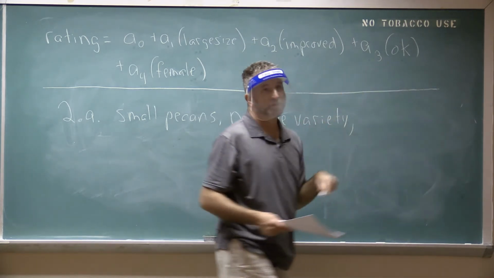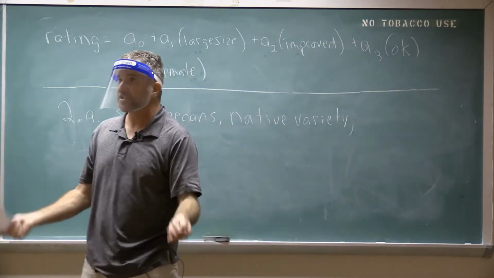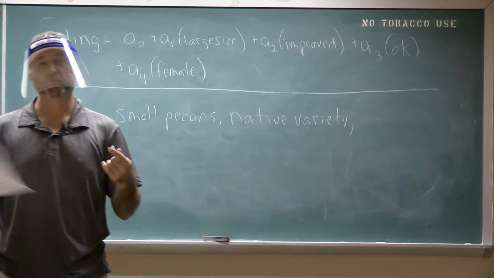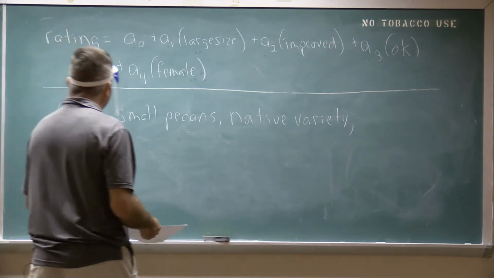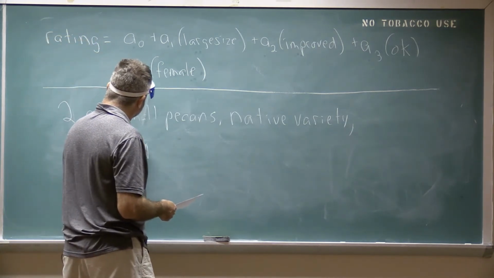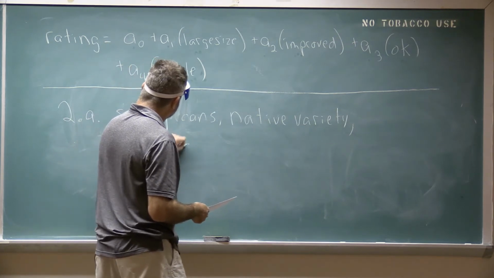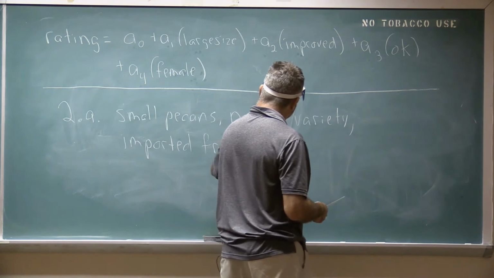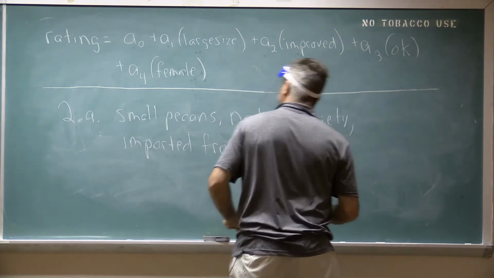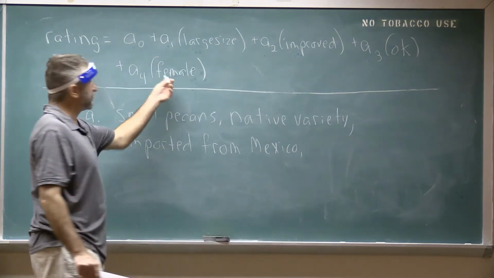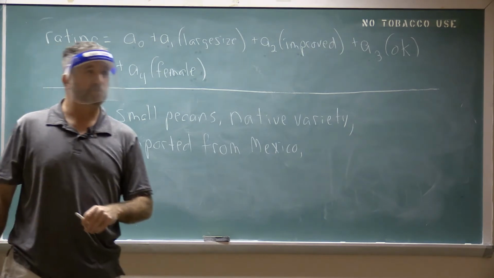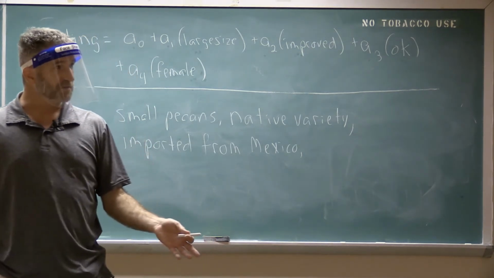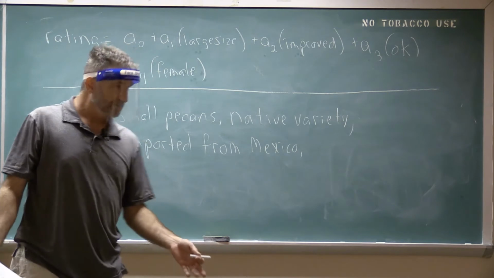If Oklahoma equals 0, it wasn't produced in Oklahoma, so it was imported from Mexico. And if female equals 0, what's the opposite of a female? A male.